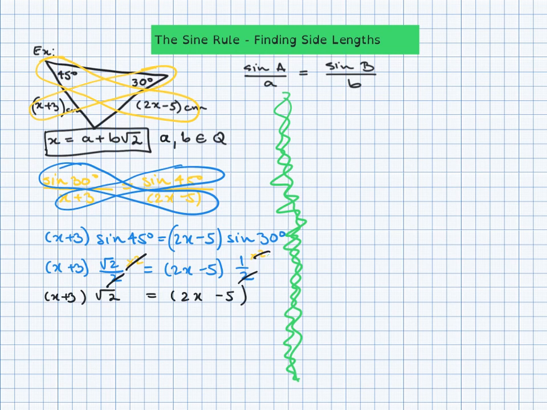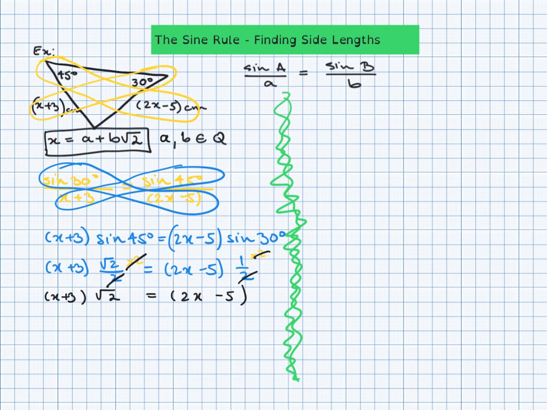Beautiful, it doesn't look bad. Now the next thing we're going to do is expand the left hand side. We can divide by square root of 2 on both sides, or it depends on what you prefer.